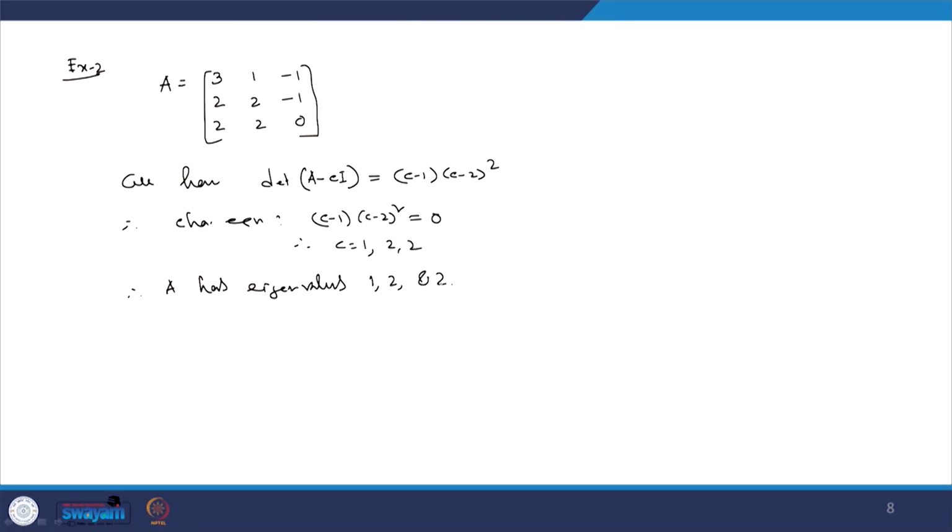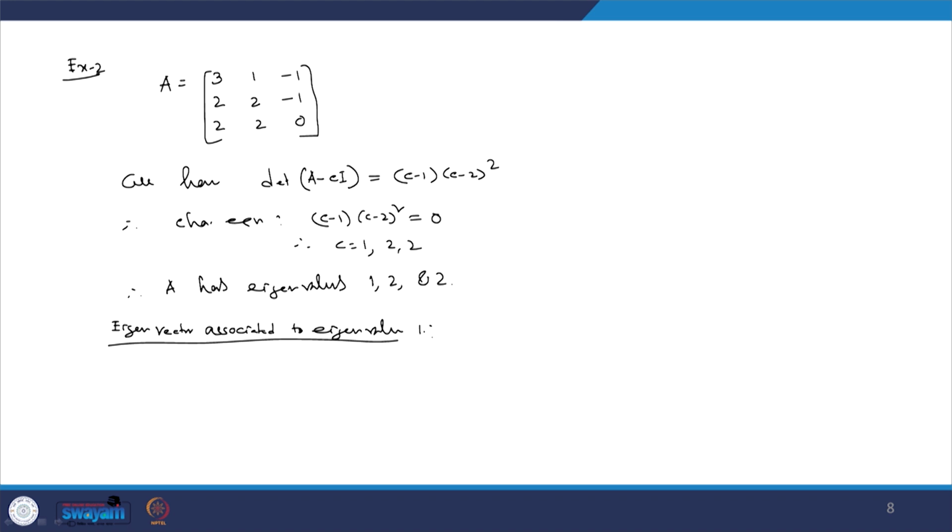So, for this now the question is how to find the eigenvector associated to a given eigenvalue c. So, the eigenvector associated to eigenvalue 1, let me show how to calculate this one.